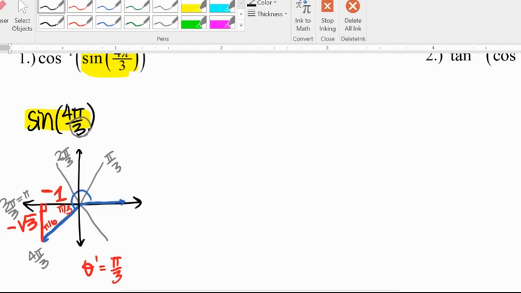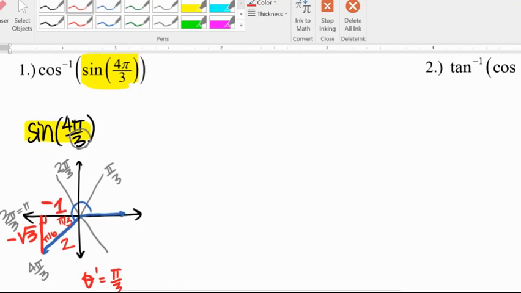And then the hypotenuse would be 2. So the sine of 4 pi over 3 would be, using your reference angle of pi over 3, opposite over hypotenuse. So that's negative root 3 over 2. Okay, that equals negative root 3 over 2.